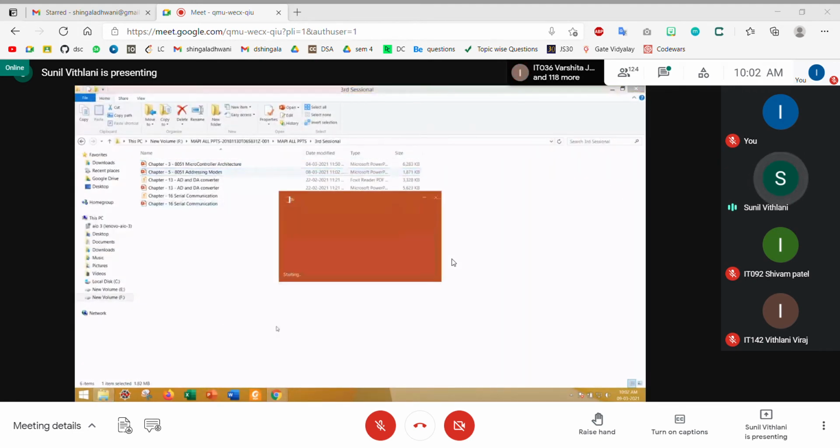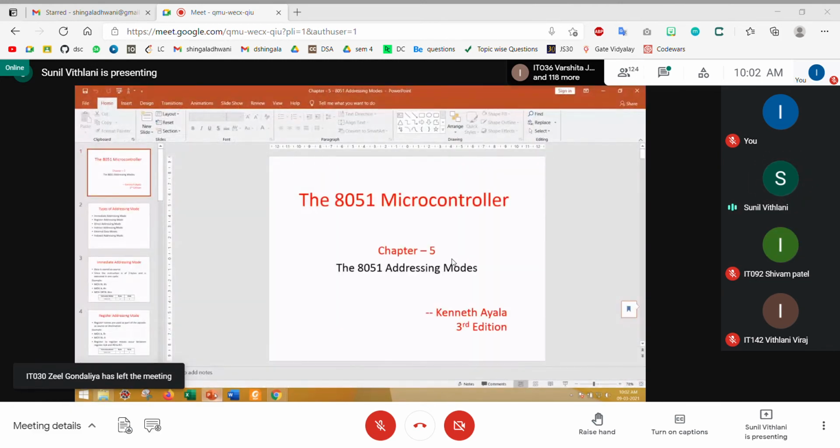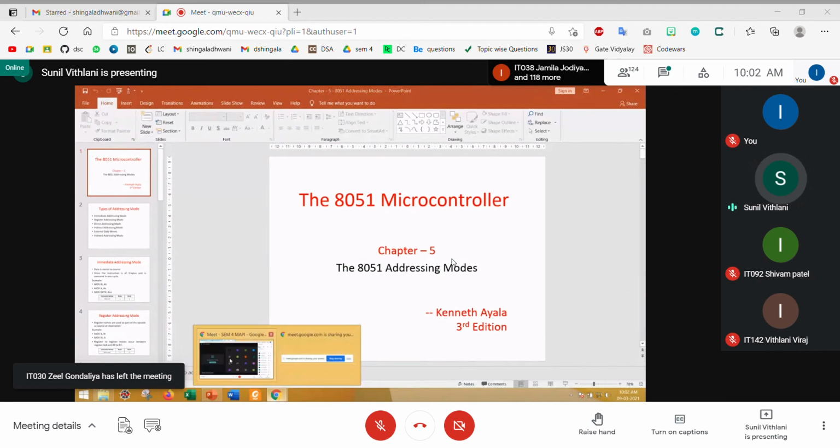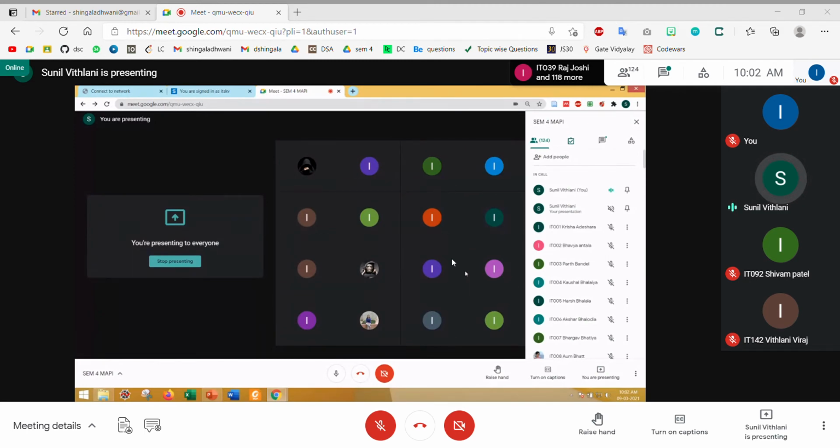So our next chapter is related to addressing modes. Over here, we will learn addressing modes with reference to data transfer instructions.